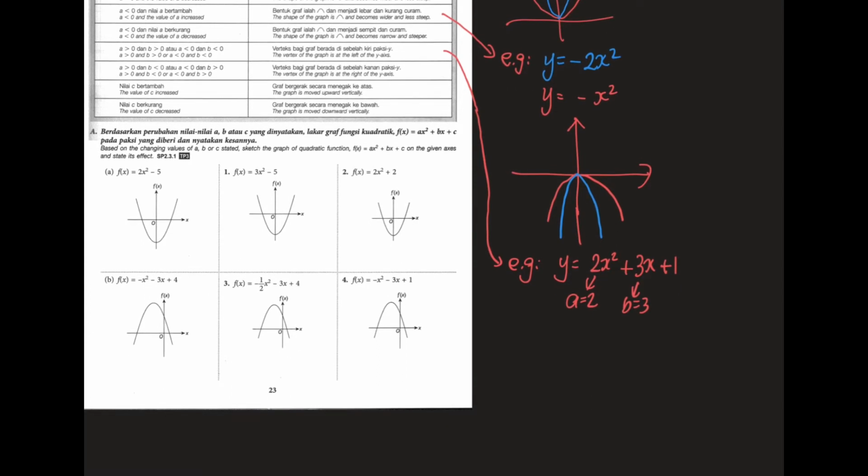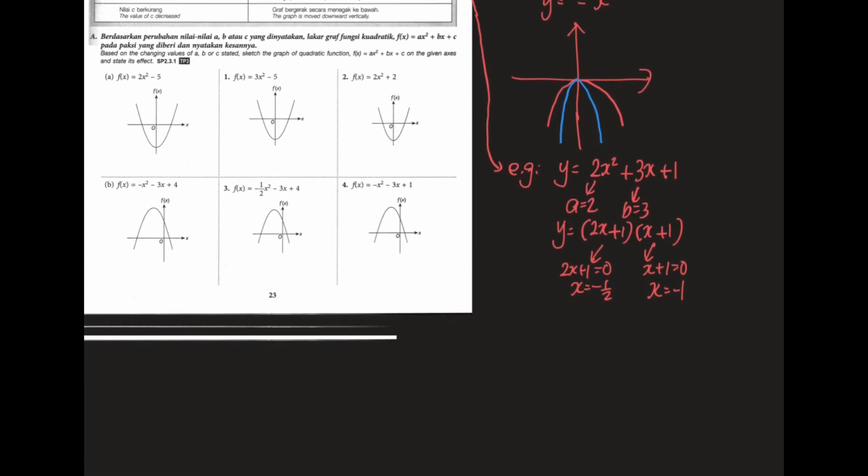To find the vertex, you factorize it first. (2x plus 1)(x plus 1). Then 2x plus 1 equals 0, x equals negative 1 over 2; x plus 1 equals 0, x equals negative 1. We get the two x-intercepts. So now I draw out the graph.